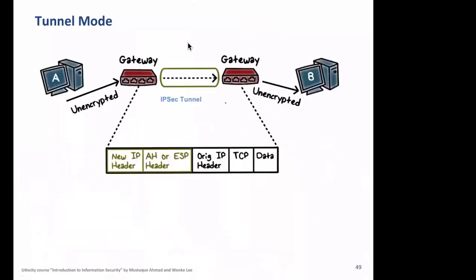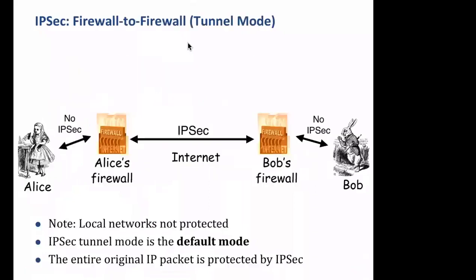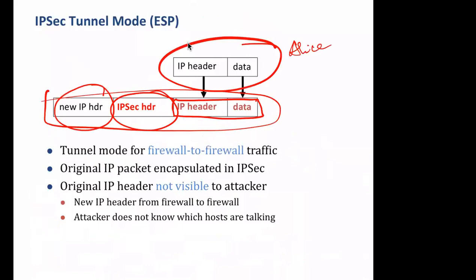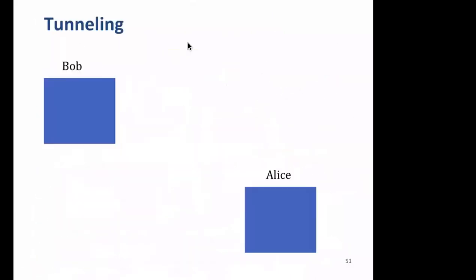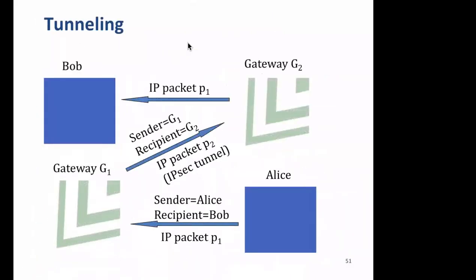So we have seen that this is the original packet, and then we attach to this the ESP header or AH header. Of course, AH we have not discussed, and the IP header, and here we have not shown something at the end, like the ESP authentication. So this concept we have seen already.